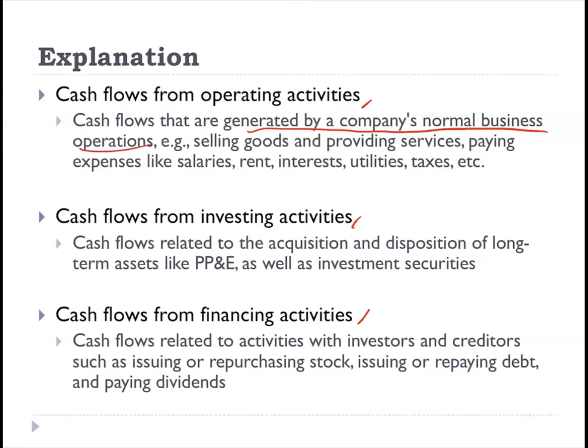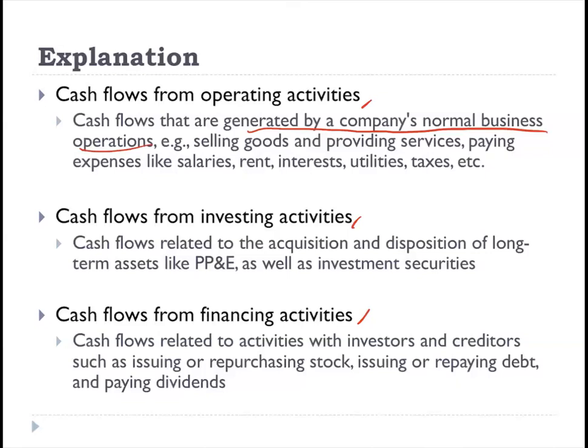Like it needs to pay workers through salary. It may need to rent a building, rent some machines. It may incur some interest expense, pay utilities, pay tax. So all of those are operating-related activities. And the cash flows associated with that are called cash flow from operating activities.